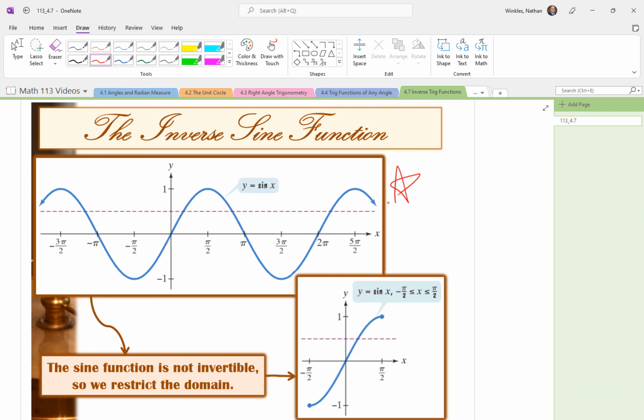So we need to come up with a way that when we take an inverse, it has to be unique. We can't have this repetition in order for it to work.